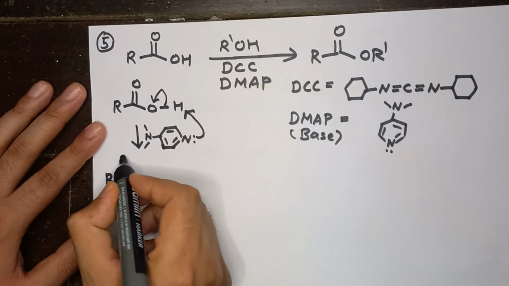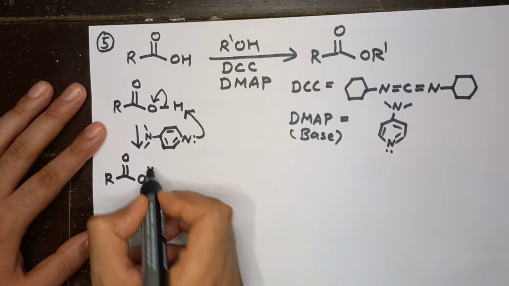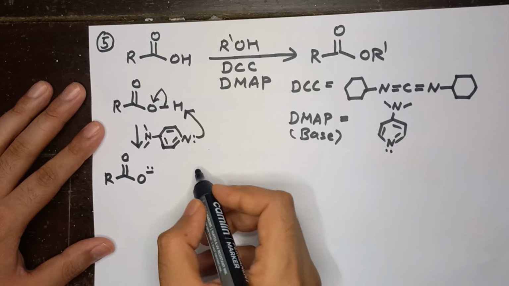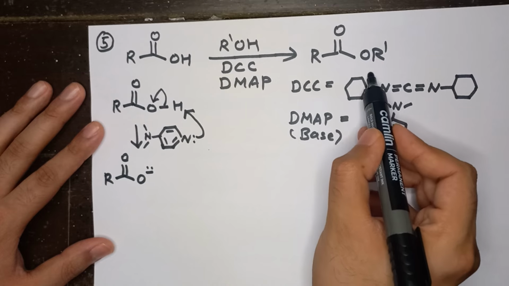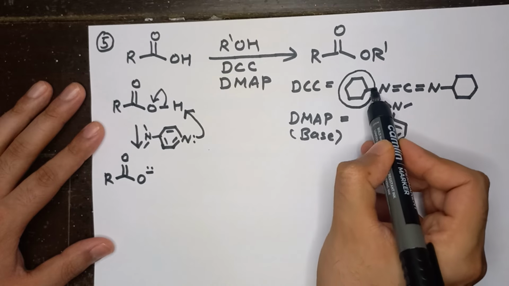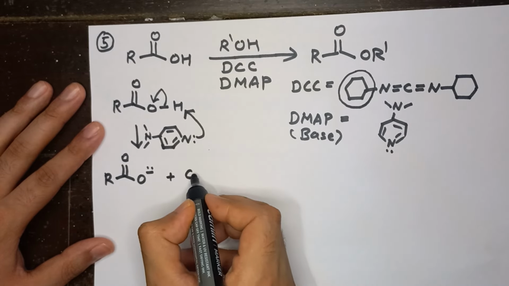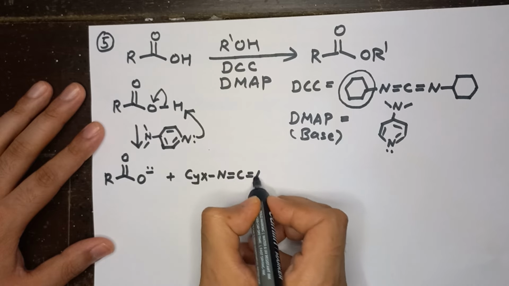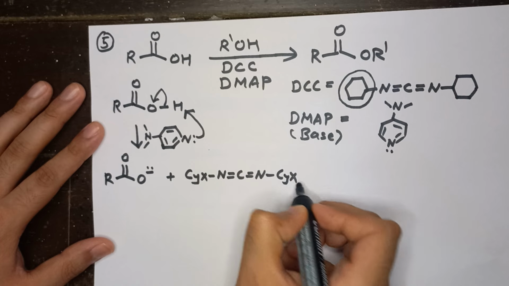So you have O minus. Now you have a DCC group. For time being, I am representing this cyclohexyl group with CYX, and double bond C, double bond N, CYX.